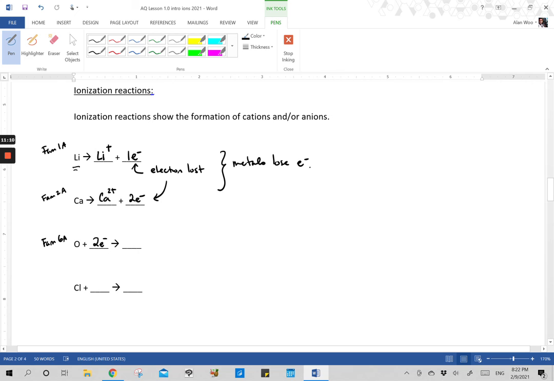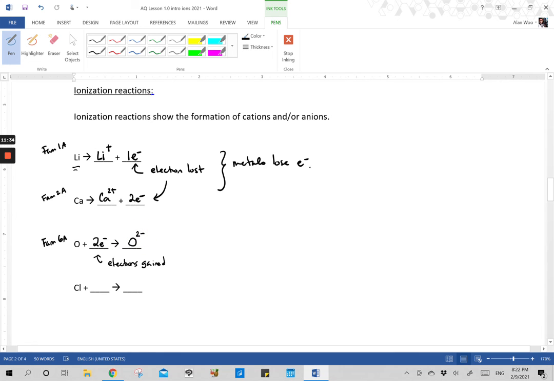This means electrons gained. So if you see the electrons on the reactant side, which is the left side of the arrow, electrons are being gained. The product, after gaining those 2 electrons, is an anion.